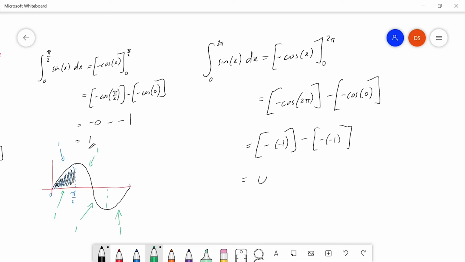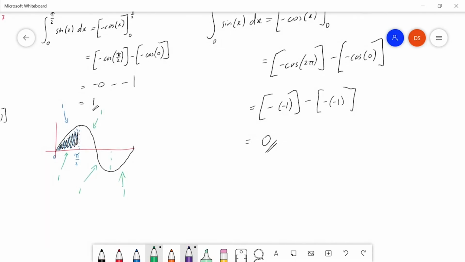But that's only because in this integration, we get the area between the x-axis and the curve. If it's above the axis, like this, it will be a positive area. And if it's below the x-axis, like this, it will be a negative area. And they cancel out. And so that's why we got 0.